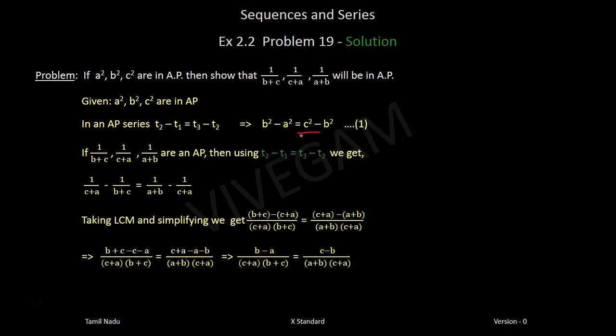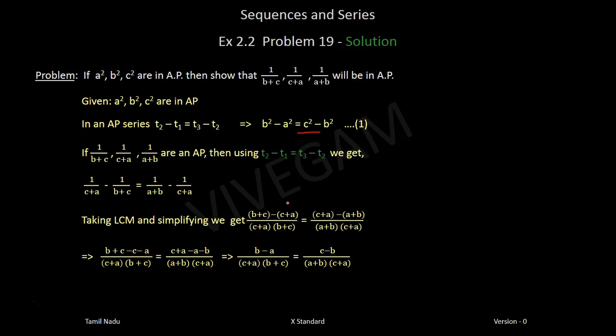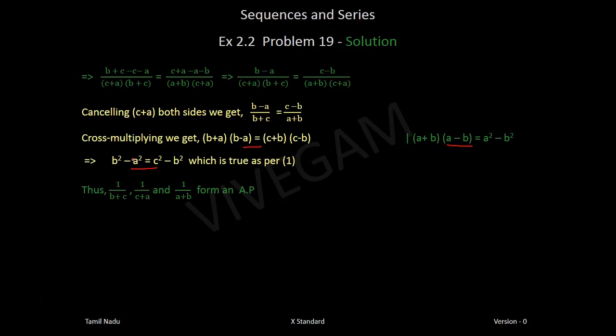That is this equation. We know this is true, right? If that is true, this is true. And then if this is true, then all these conditions got derived thinking that these three are in AP. So since that condition is true, these three are in AP. So this is how we need to do.